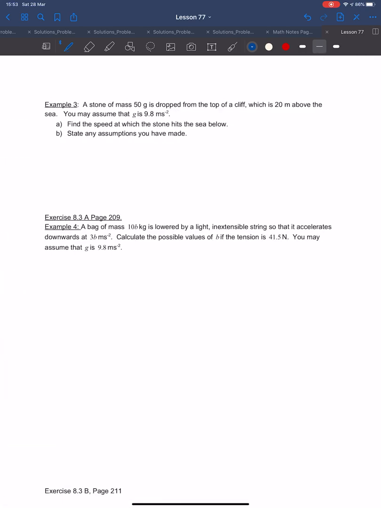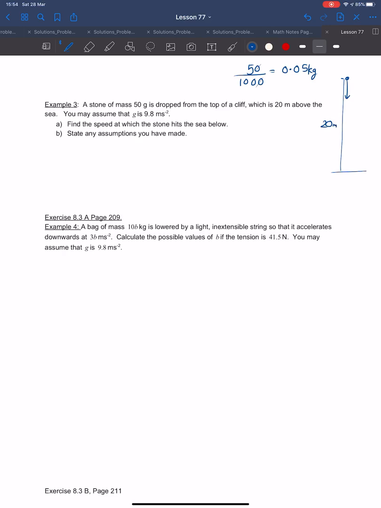Okay, example 3. A stone of mass 50 grams, remember we divide by 1,000 to turn it into kilograms, so it's 0.05 kilograms, is dropped from the top of a cliff, which is 20 metres above the sea. So it's dropped like this to the sea.